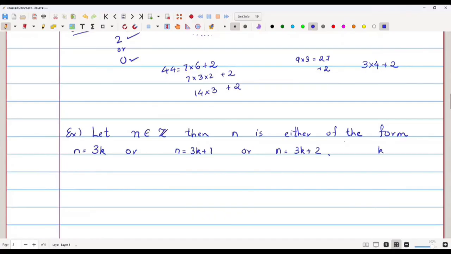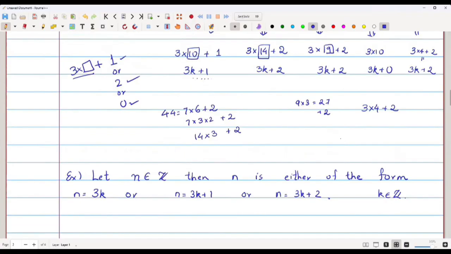That is, k is some integer. Okay, so in the previous example, who was k here? Yeah, k was 10, k was 14, k was 9, and so on.